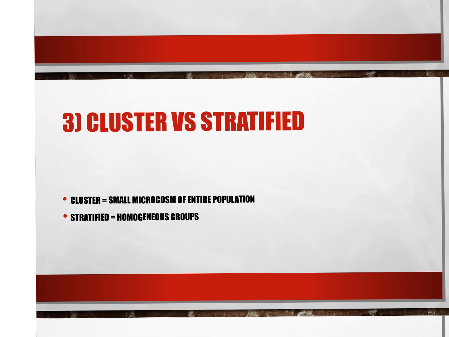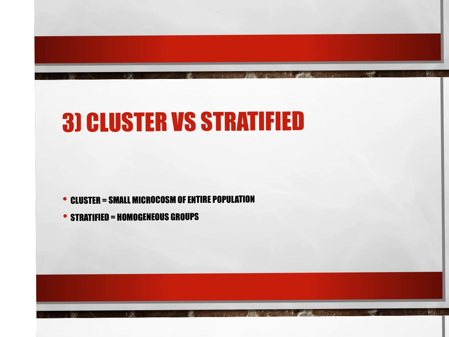These two vocab words are really, really commonly confused. But a cluster sample, again, this is chapter 4, the cluster itself should be a small microcosm of the entire population. So for example, if I want to take like 5th period lunch, that's not the entire population of Fremd High School.